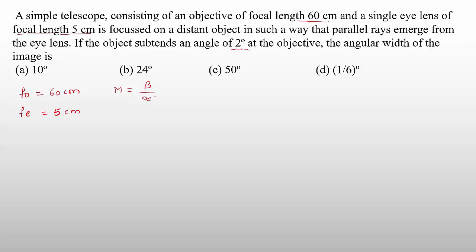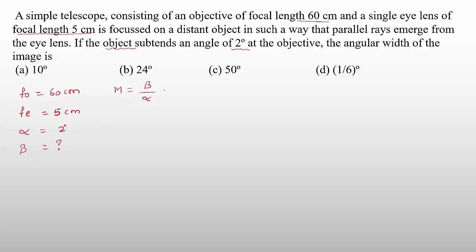Alpha indicates visual angle subtended by object. So here this angle is subtended by object. Object subtends angle 2 degree. That means alpha is given 2 degree. Then the angular width of the image is. That means we have to calculate visual angle subtended by image or angular width of the image. Beta we have to calculate.